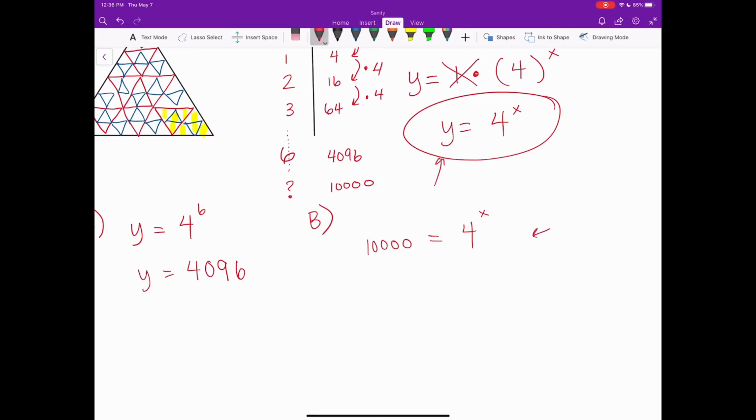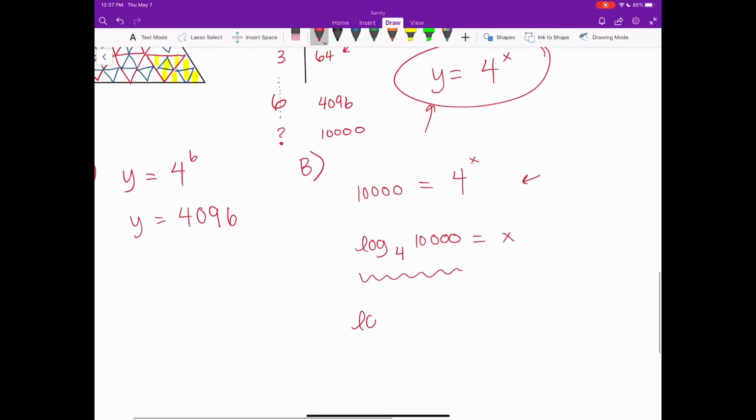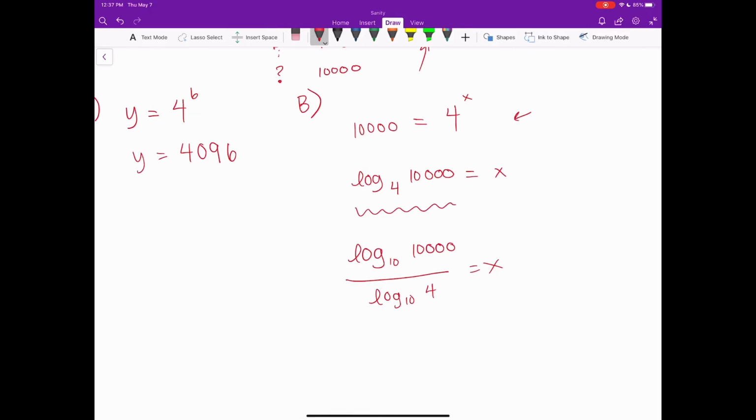So this is a simple exponential equation, so I can just write this in logarithm form and say log base 4 of 10,000 equals x. Use my change of base formula on that and say, let's pick a new base of 10. So log base 10 of 10,000 over log base 10 of 4 equals x. And you plug that into your calculator.